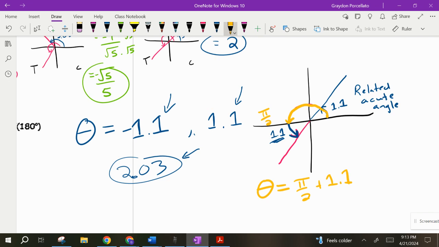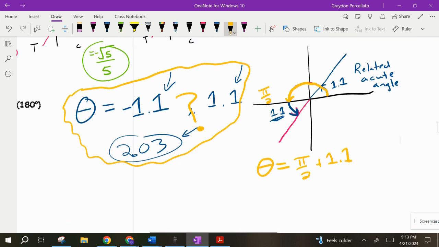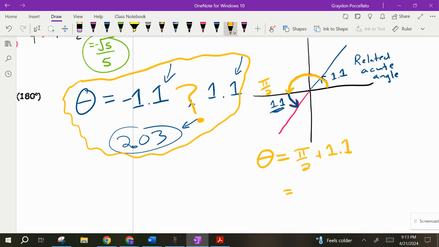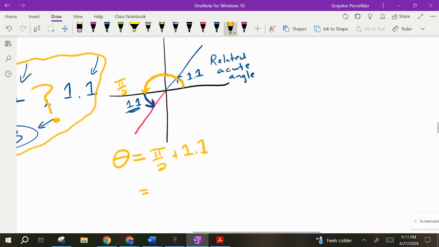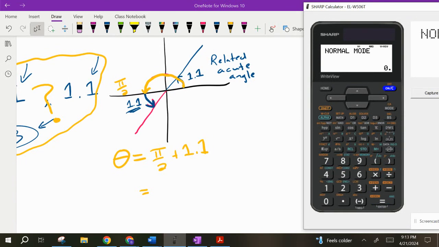What I'm just going to do here is put a big question mark there for these answers because we're not really sure which one we got, and now we're finding our actual answer. So if I add those two together, let's get out my calculator. We're going to go pi over 2, plus 1.1, and we get a value of 2.67.